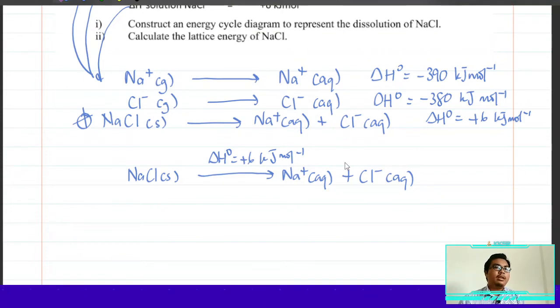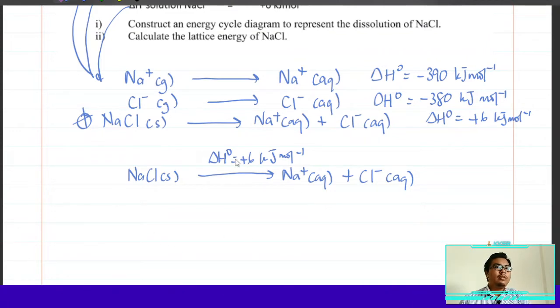main target. Okay, so now kita nak buat energy cycle diagram is that kita akan buat satu jalan alternatif, di mana kita nak dapatkan daripada NaCl solid ni forming Na plus aqueous and Cl negative aqueous in the alternative way, cara lain. Macam mana?